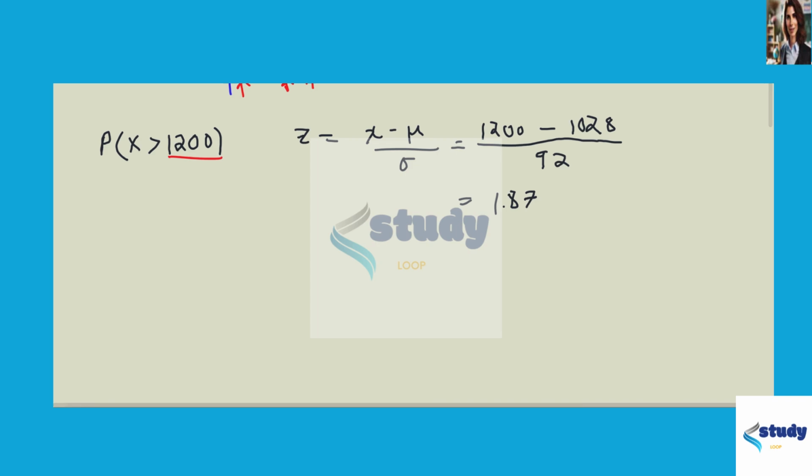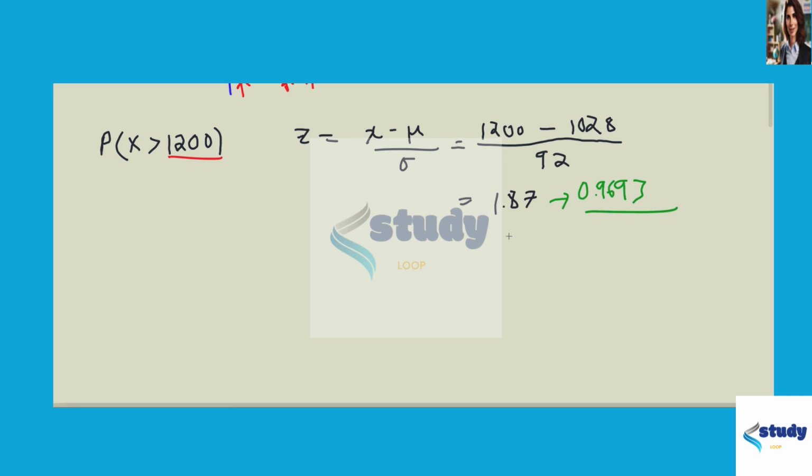So now we're just going to find the corresponding probability to the z value from our table, and that's going to be 0.9693.